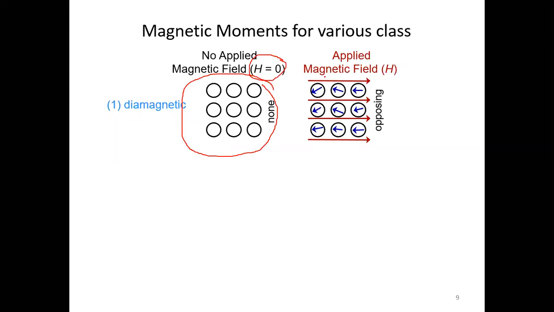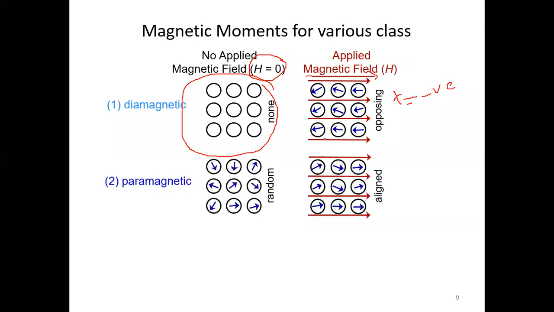When the magnetic field is applied along that direction, there is an induced magnetic moment in the atom. However, this induced magnetic moment is opposite to the direction of the applied magnetic field. That is why its susceptibility is negative.